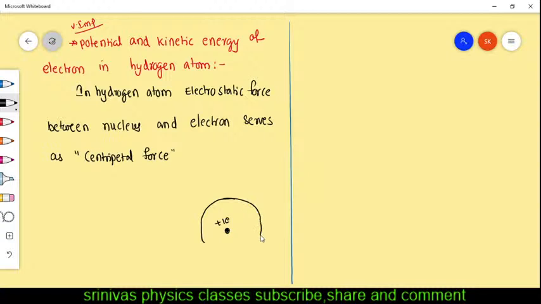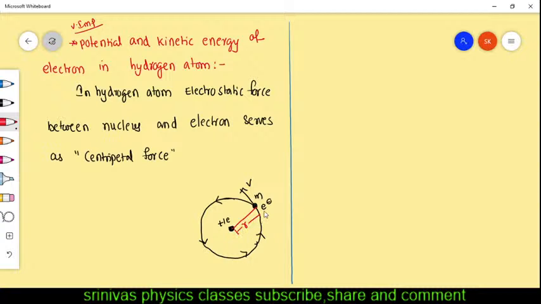This is the electron, going with speed v, and electron mass is m. It is moving along a circle, and the radius of the orbit we consider as r.